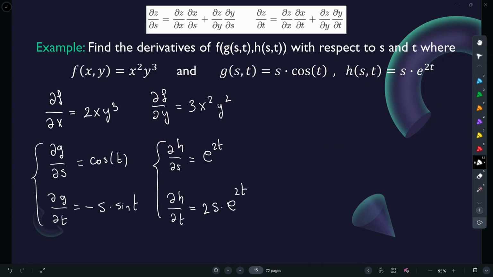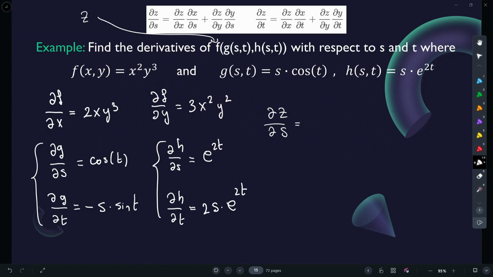Okay, so now I can compute the partial of the function. Let me write the function. So z was, this whole thing here is my new function. So let's write like in the formula, the derivative with respect to s is going to be the derivative with respect to x evaluated at g and h.